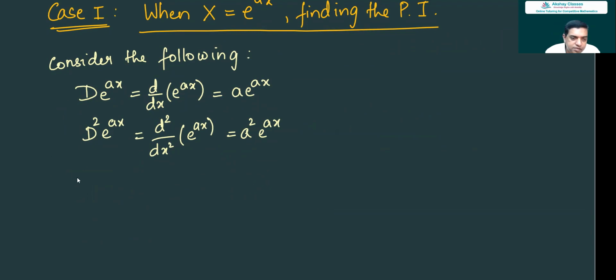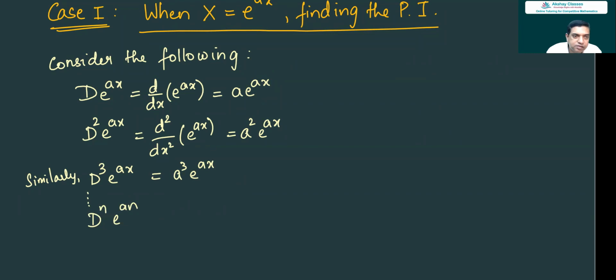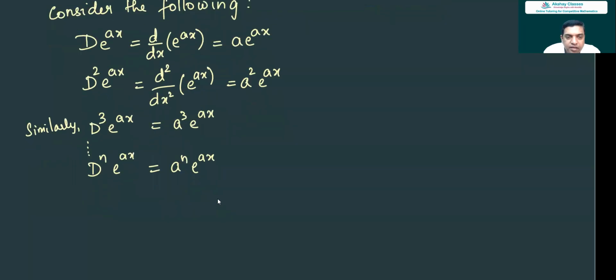Similarly, d cube e power ax is a cube e power ax, d power n e power ax is equal to a power n e power ax.